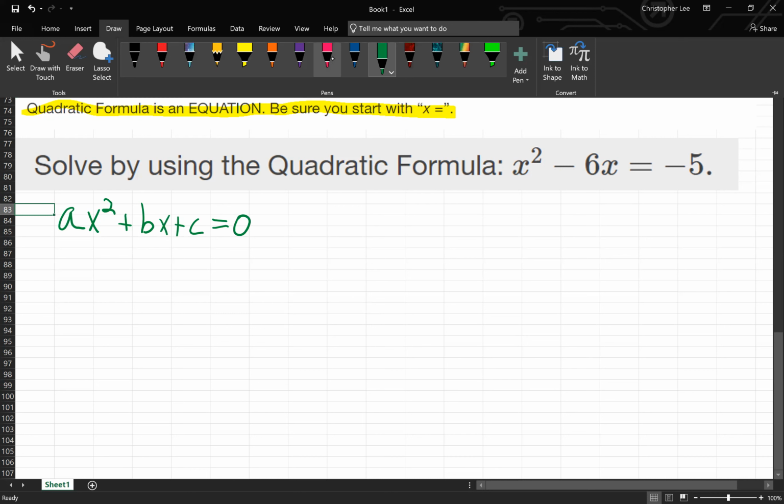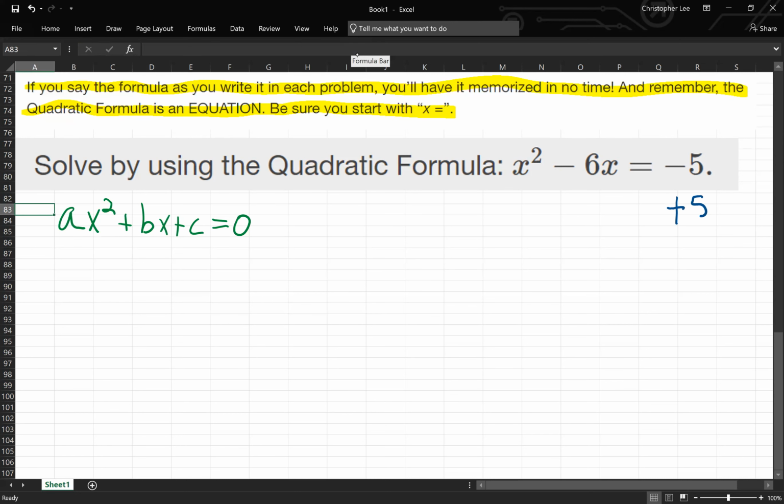This question over here is not in standard form. This is x squared minus 6x is equal to -5. To put it in standard form, I'm going to add this 5 over here. And when I do it to one side, I gotta do it to the other. Now it's in standard form, right? So what do I have? I have x squared minus 6x plus 5 is equal to 0.